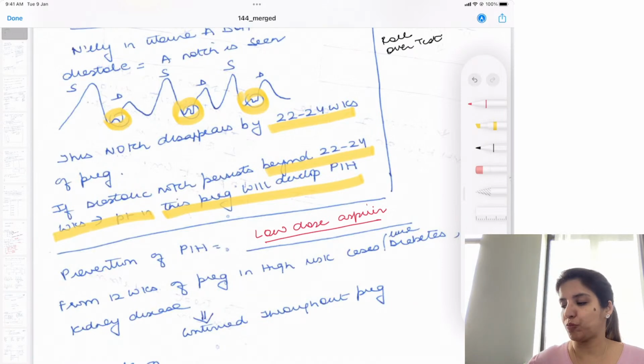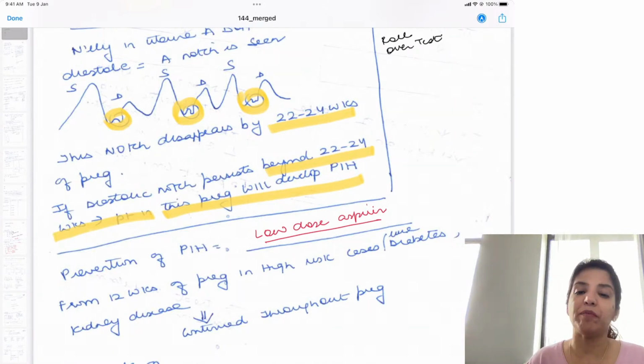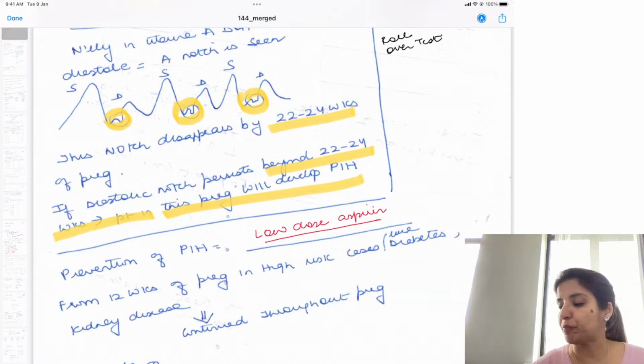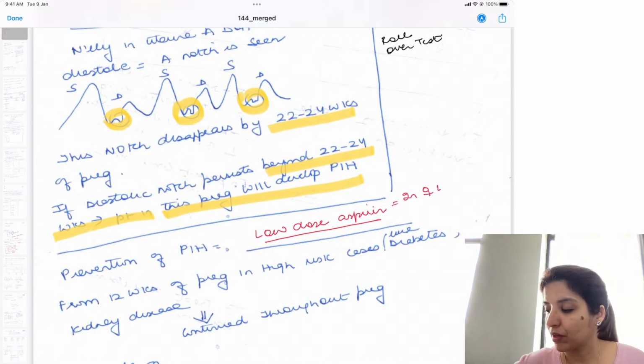Low dose aspirin. So, on one hand I'm saying that we do not use these tests for predicting. And on the other hand, I am saying that we use low dose aspirin to prevent PIH. So, we use low dose aspirin to prevent PIH in females with high risk of developing PIH.